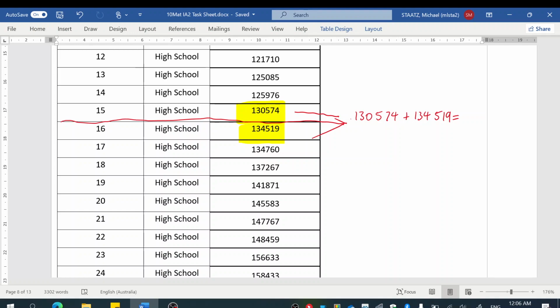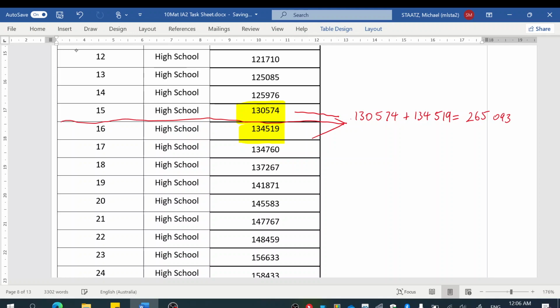Typing it in. So I've got 130,574 plus 134,519, and that equals 265,093.